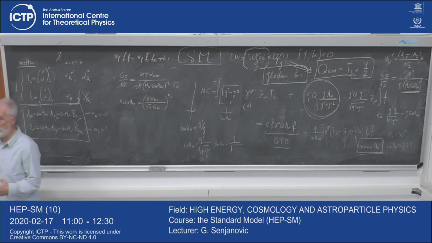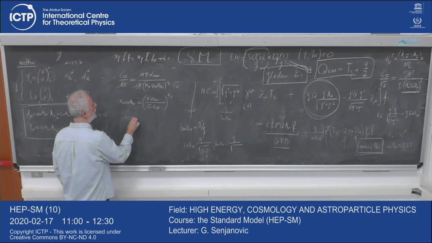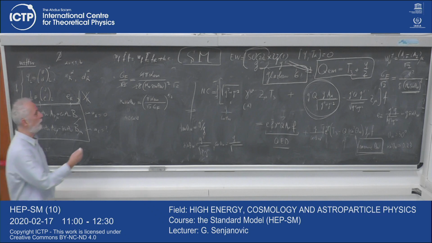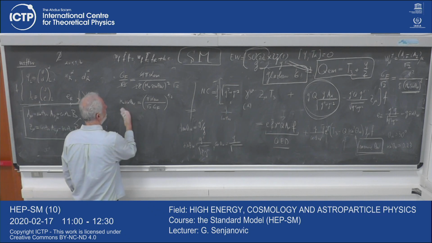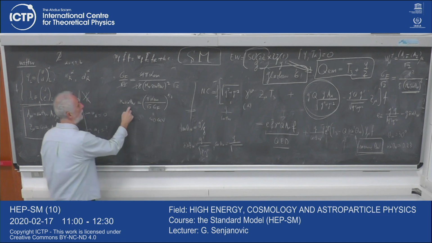I did achieve something. I related the mass, which is normally an arbitrary parameter, to a dynamical quantity, the strength of interaction. Okay, that is nice. This is the input, roughly 40 GeV.